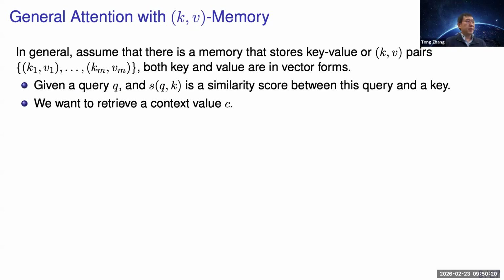So essentially, given a query, and a query is basically a vector, this is S(Q, K), the similarity between the query and the K. The higher the similarity, the more similar they are. And as we mentioned, this can be a scaled dot product.